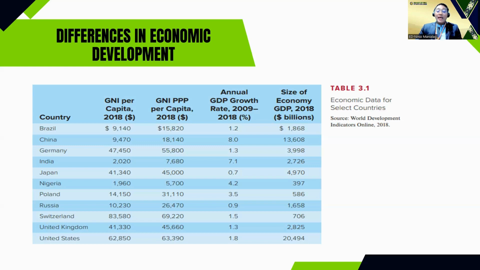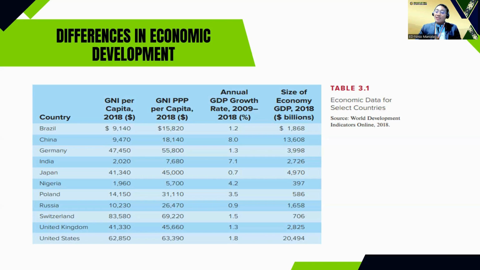The United Kingdom shows a GNI per capita of $41,330 and a PPP, I'm sorry, of $45,660, indicating a high standard of living. Now, the economy grows at a rate of 1.3% with a total GDP size of 2.825 trillion.